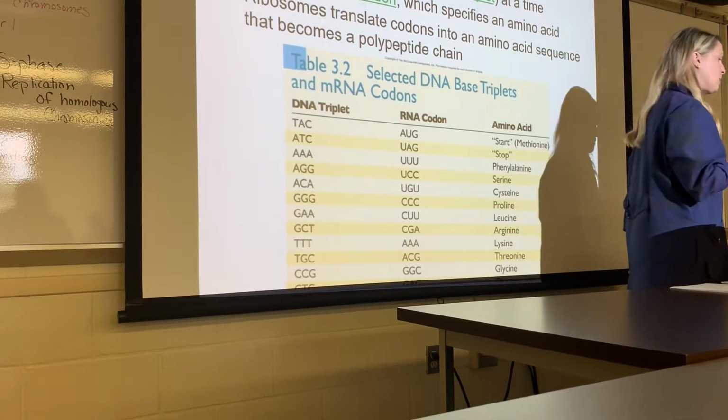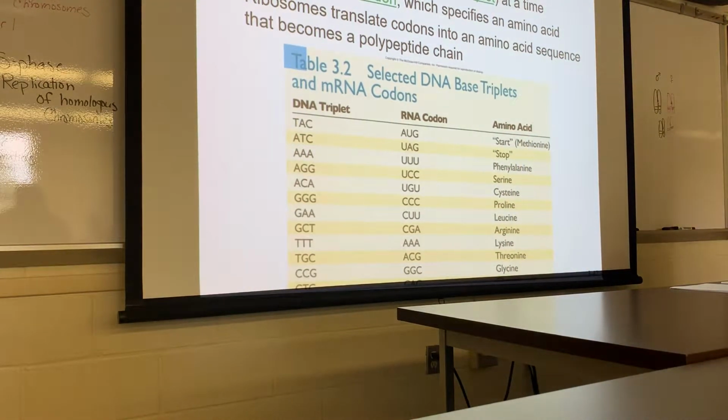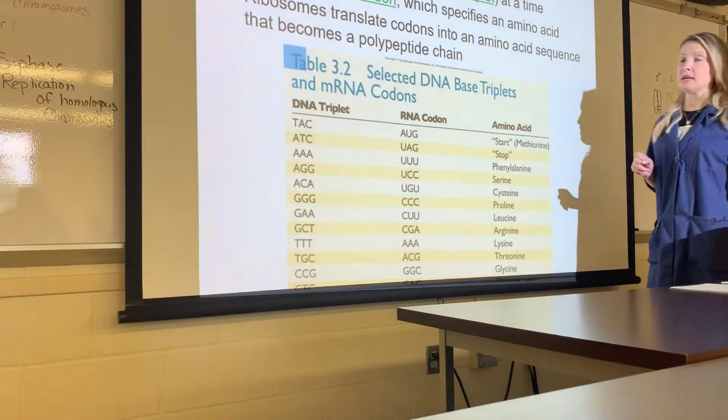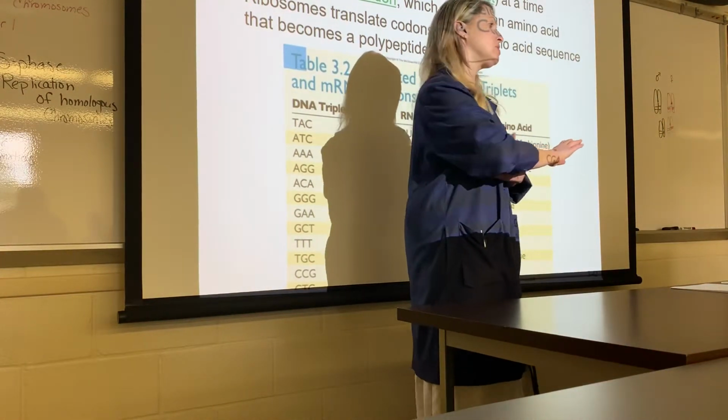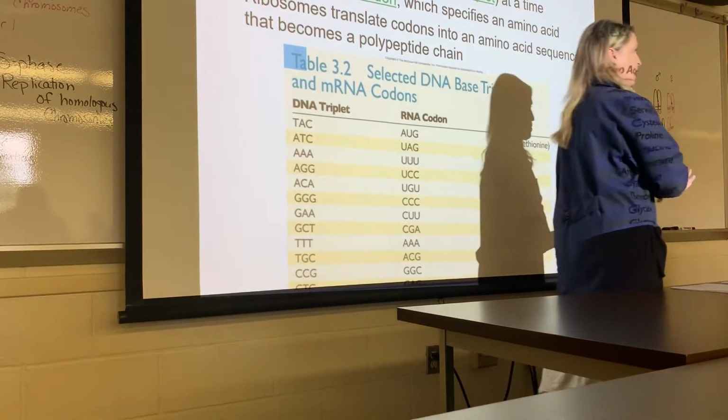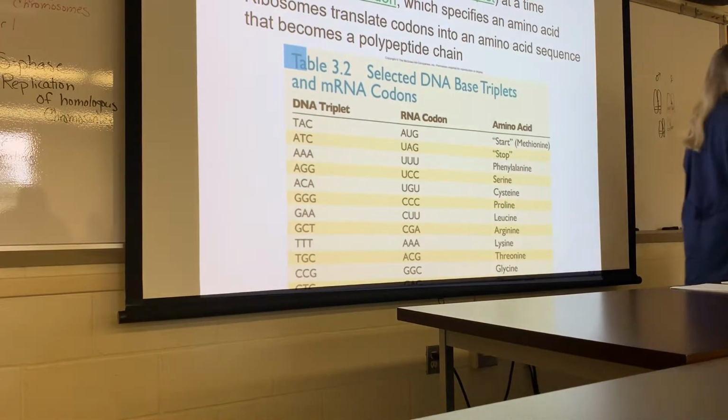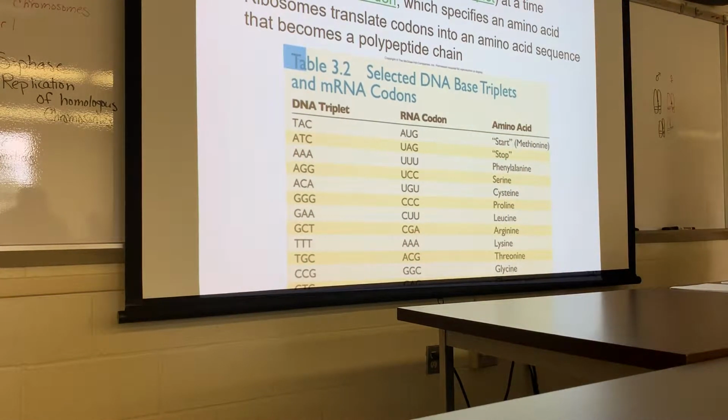Make sure you write this down because in the notes it's a little bit long. DNA, 3-letter sequences are a triplet. In messenger RNA, 3-letter sequences are called a codon. On tRNA, transfer RNA, 3-letter sequences are anti-codons. So we have triplets on DNA, messenger RNA has codons, tRNA has anti-codons.